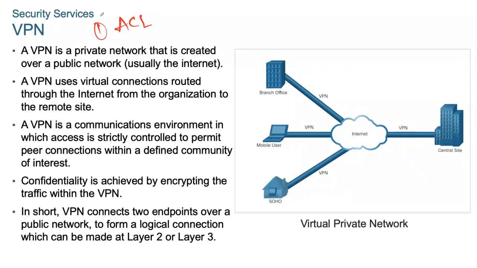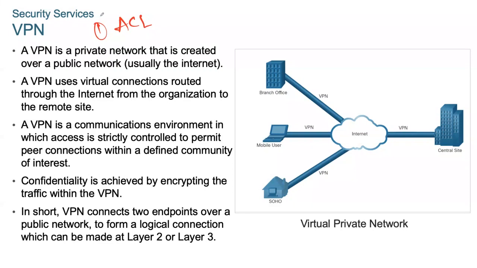Suppose 1 to 99. In the last class we gave a demonstration on ACL in Packet Tracer. Then you find 10 allow, 20 deny. Those numbers and the group will be there. So anything from 1 to 99 is standard. Anything from 100 to 199 is extended.